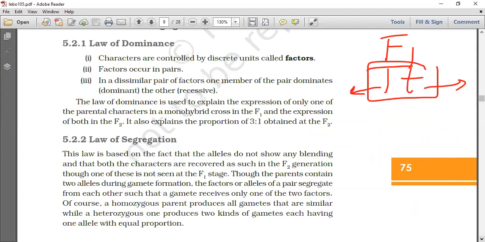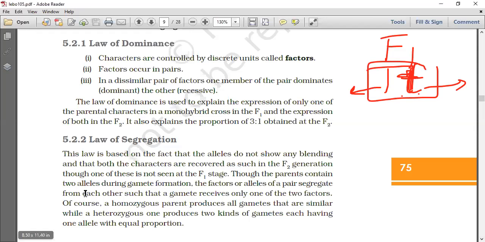During this period, is there any influence of the dominant on that small t? Is it changed? No, that's what we are talking about. There is no change at all. At present it is not expressing, but when the time comes, without any change, it will go for its original expression. You have to remember that in the law of segregation.